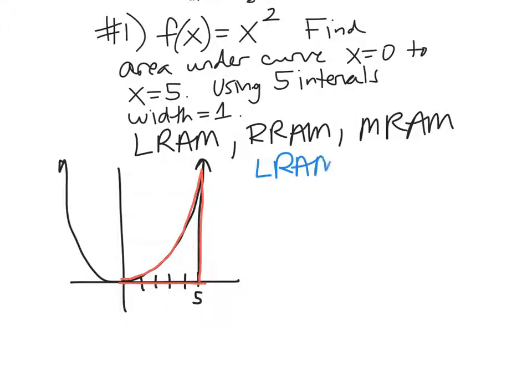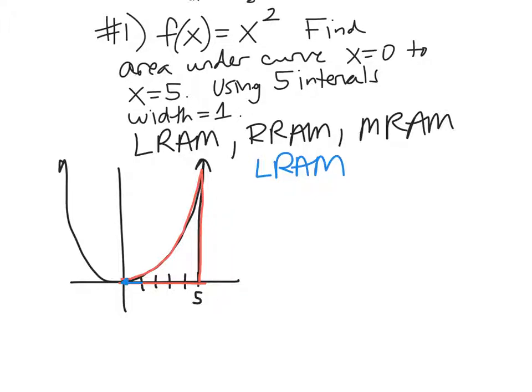LRAM. So what we're going to do is make 5 rectangles, and we have to find the areas of all 5 rectangles and add them up. So our first rectangle is going to start here at 0, and it's going to go a length of 1, okay? So LRAM starts on the left side.